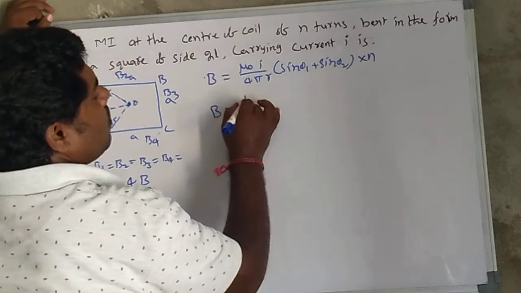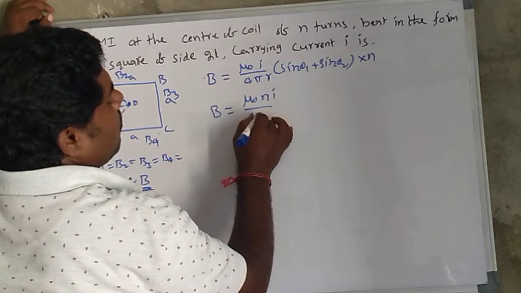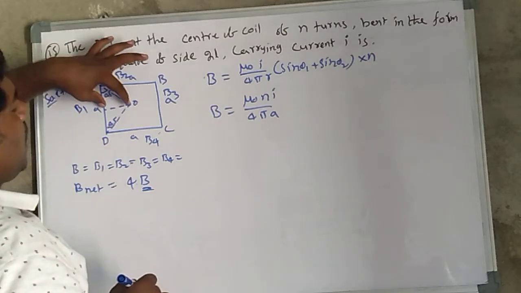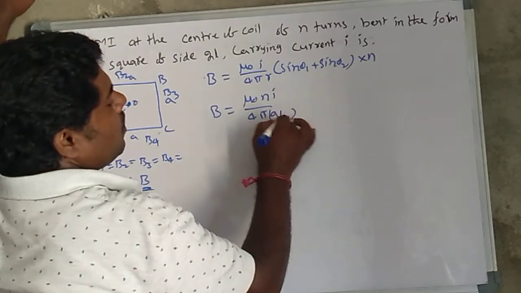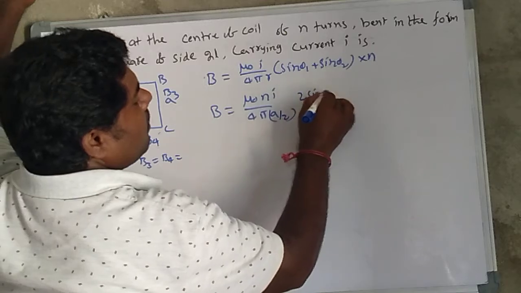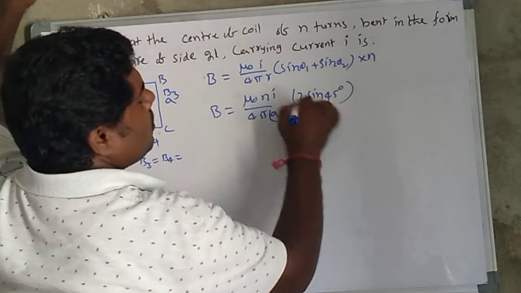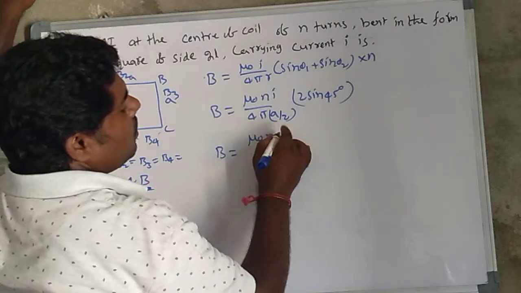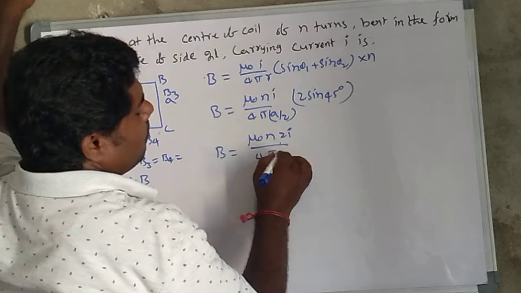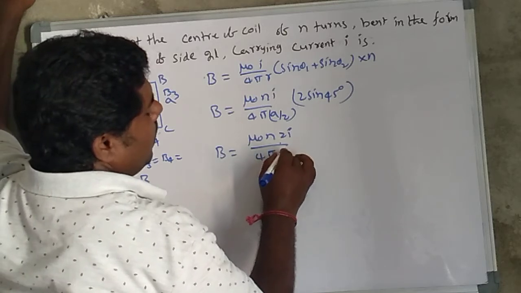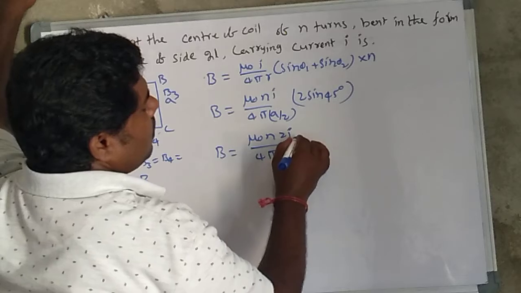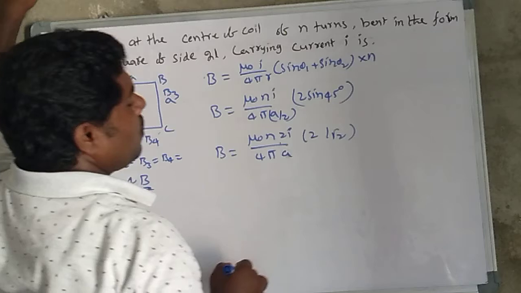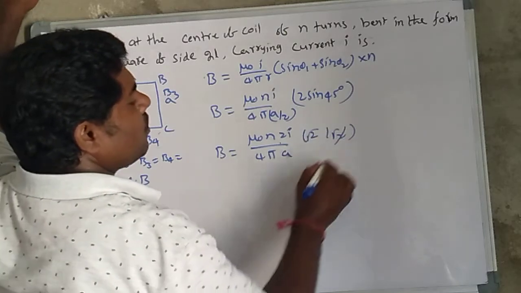So B is equal to mu naught N I divided by 4 pi R, nothing but here half of the side length, A by 2, into 2 times sine of 45 degrees. So B is equal to mu naught N into 2 into I divided by 4 pi A into 2 into 1 by root 2, nothing but root 2.